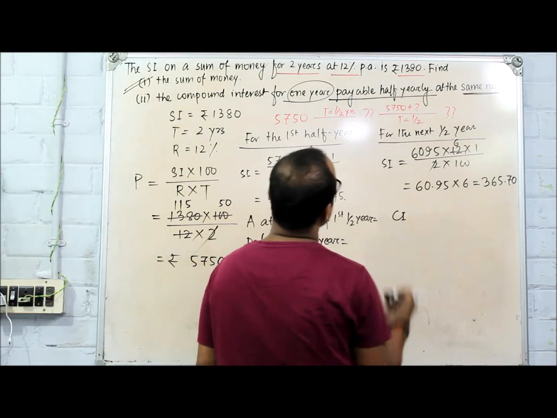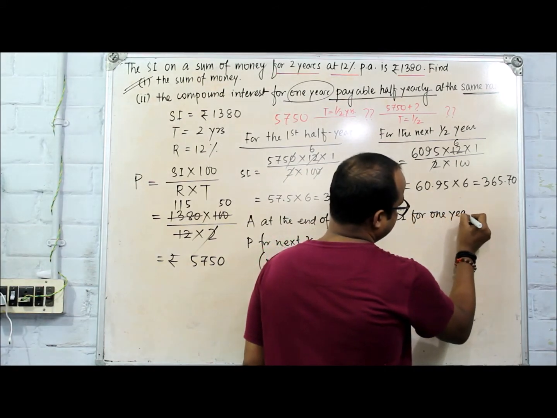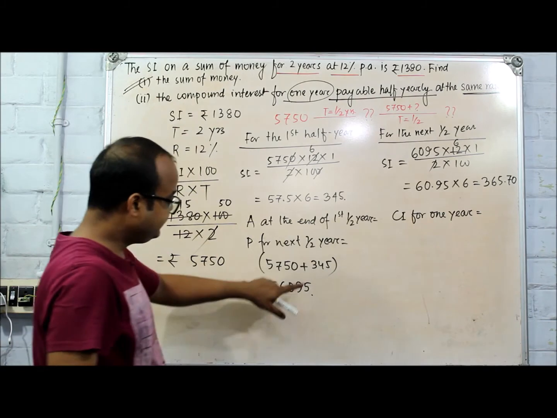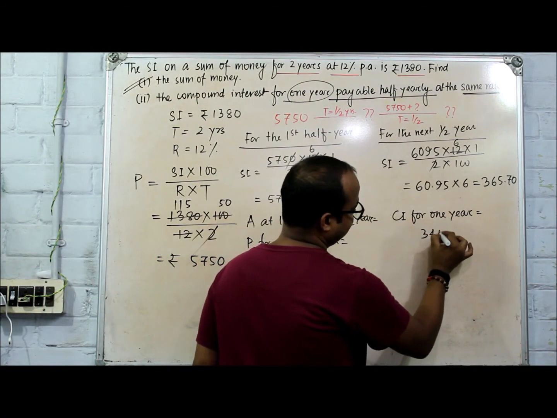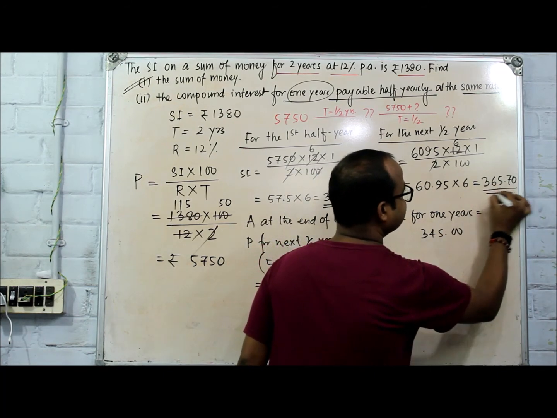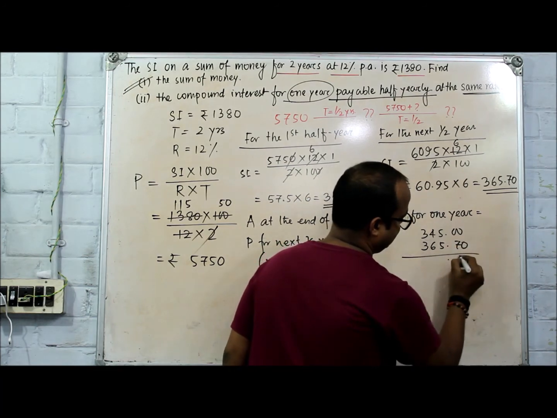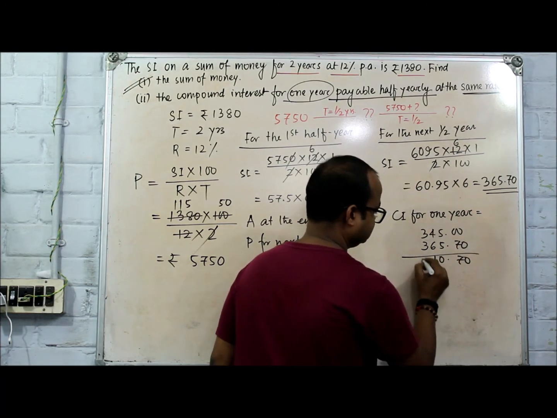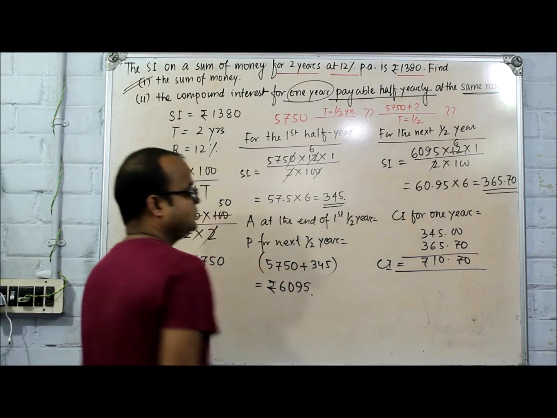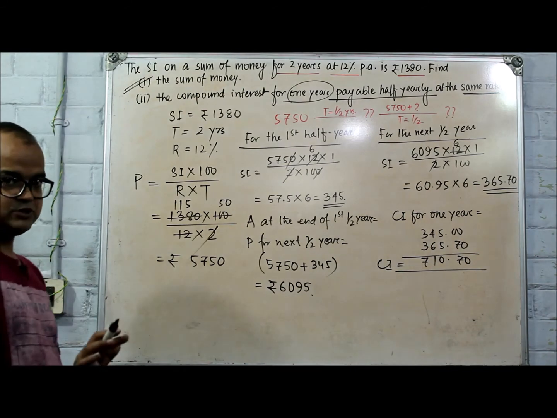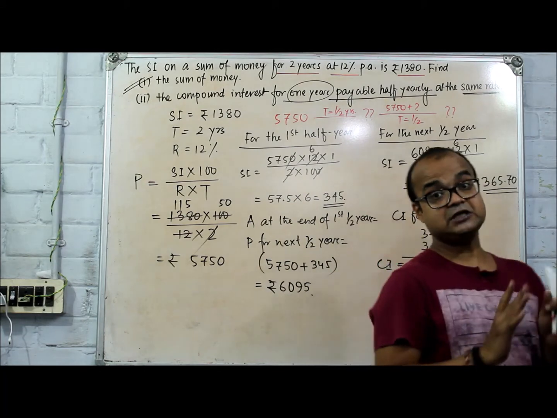So CI for 1 year is equal to, for the first 6 months it is 345 rupees, and for the next 6 months the interest is 365.70. So CI is equal to 710.70.